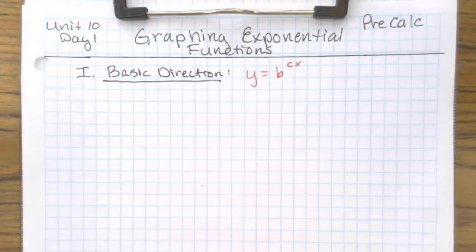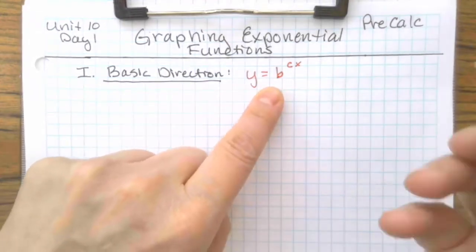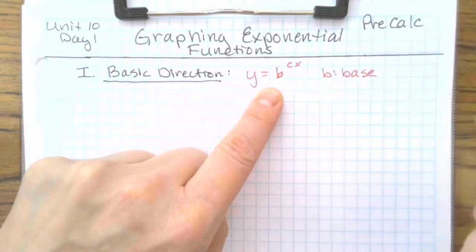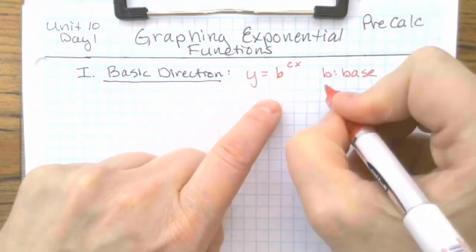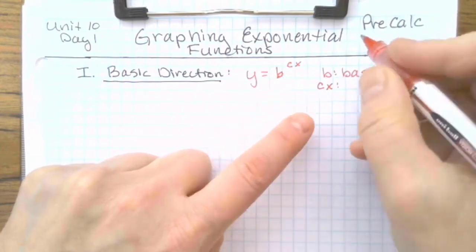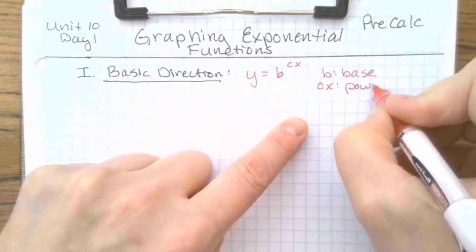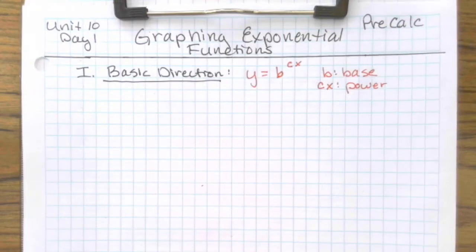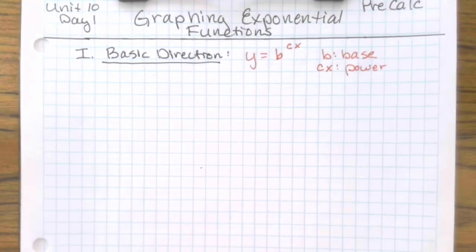When we're talking about exponential functions, the larger number, in this case the b, is called the base of the exponent, and then cx is called the power. So we have a base and we have a power. And there are different ways that your curve will look depending on what b and c are.